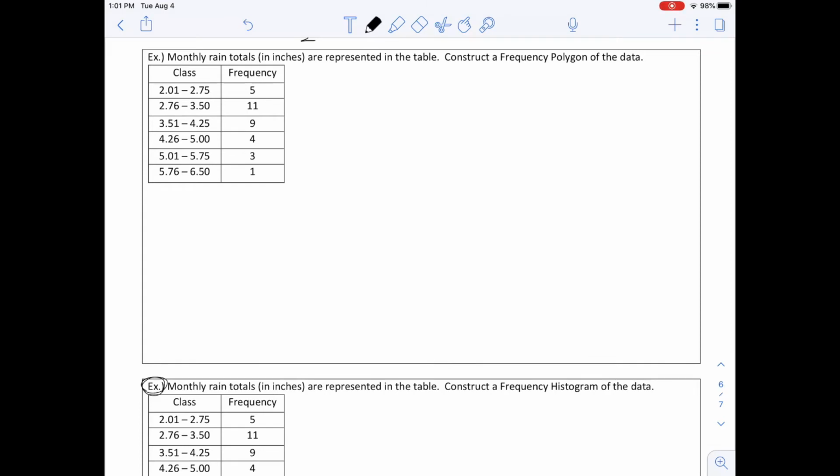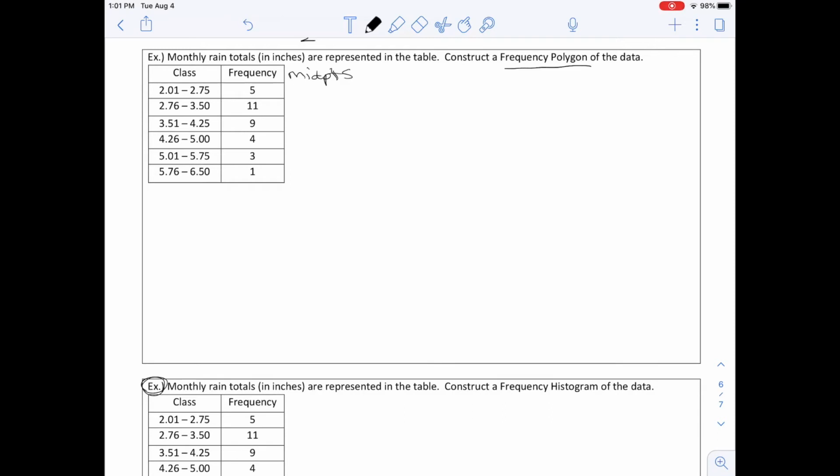So we have an example here that says monthly rain totals in inches are represented in the table. Construct a frequency polygon of the data. For our polygons, we need to actually calculate the midpoints. And if you notice, we are dealing with grouped data. The first class that we have is 2.01 to 2.75, and we're dealing with inches of rain.